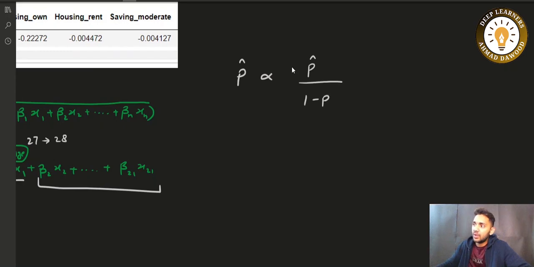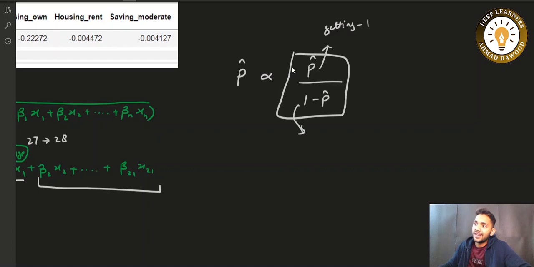What are odds? Odds are a ratio of chances: the chance of getting one to the chance of not getting one, or in other words, the chance of getting zero.